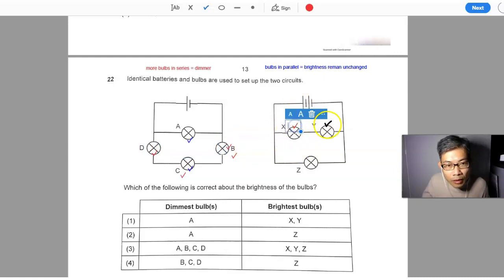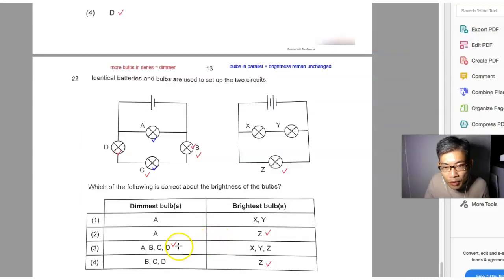These two are dim as well because these two are in series. This is the brightest bulb. Okay, I have two options here. The dimmest bulbs here would be B, C, D. As I mentioned, B, C, D. So the answer is this choice here. The answer is 4 for question 22.